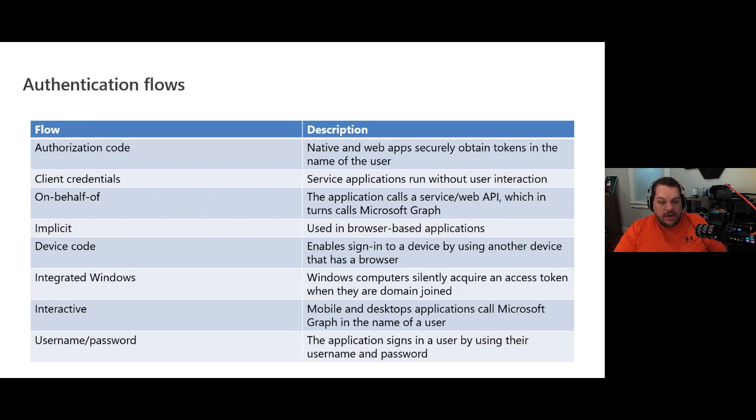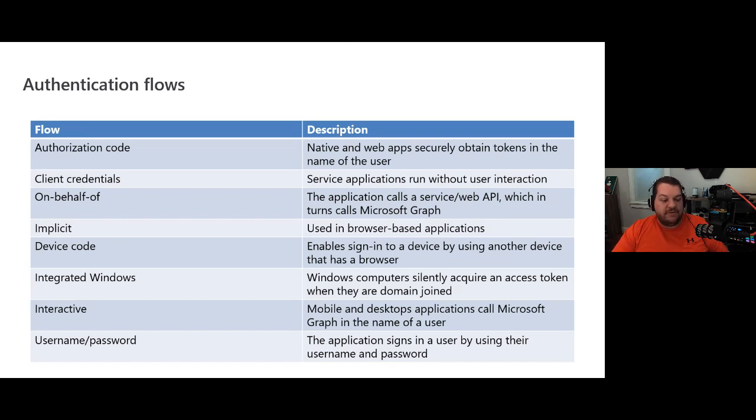So for example, let's say we have our really normal login flow. The user clicks a button and we have an interactive login experience. We can do that. We can have a login experience integrated into Windows, where it uses the existing Windows identity, especially since modern Windows OS supports both personal accounts and organizational accounts. We can have username, password.